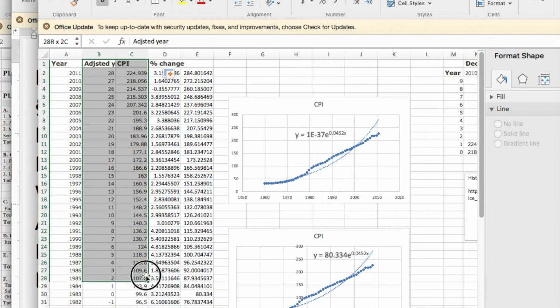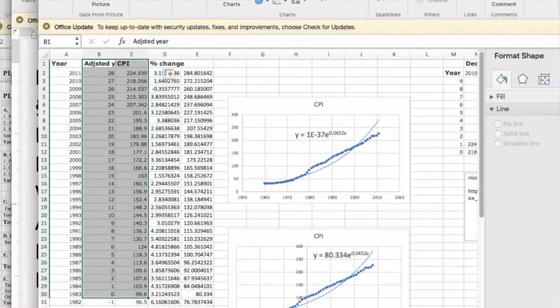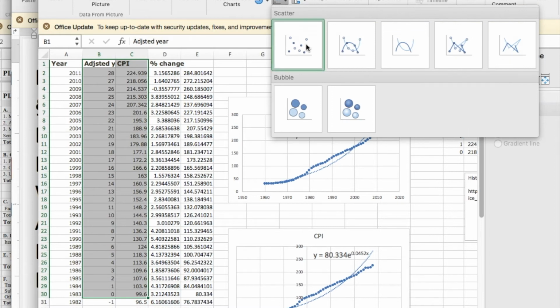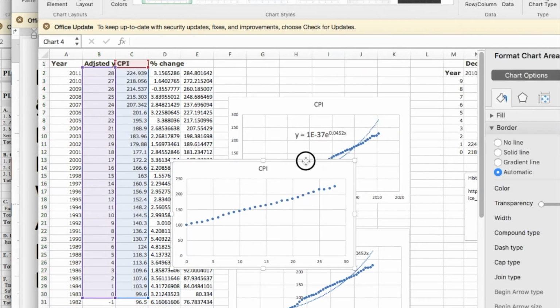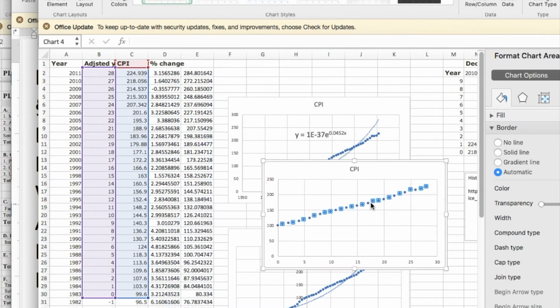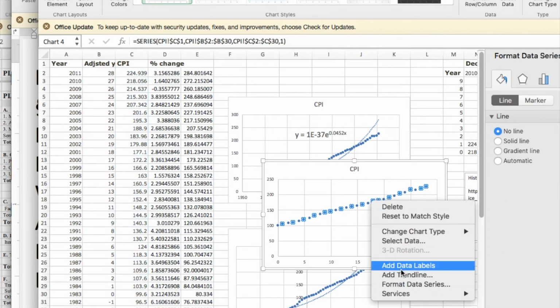I want to highlight the two columns back to 83. I'm going to take that and insert my scatter plot. And then I'd like to find an exponential fit for that.